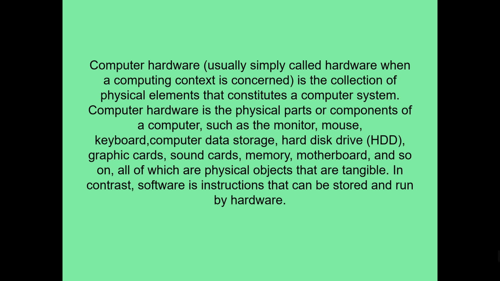Computer hardware is the physical parts or components of a computer, such as the monitor, mouse, keyboard, data storage, hard disk drive, video cards, sound cards, memory, motherboard, and so on, all of which are physical objects that are controlled by software instructions that can be stored and run by hardware.